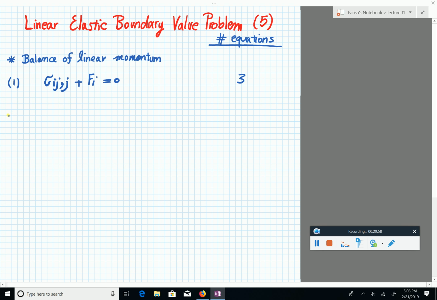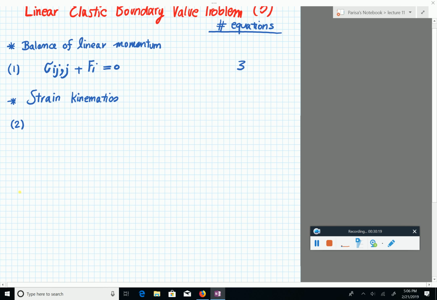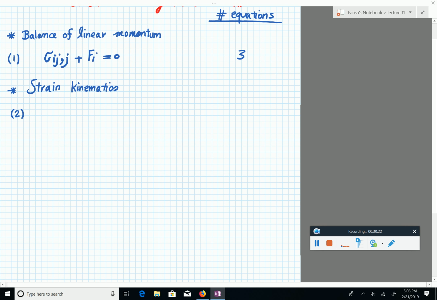And then, again, strain kinematics. What is the important equation? It's one of them. So for strain kinematics, let's call this 2A, and 2B. One is the compatibility.